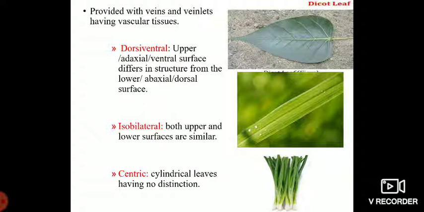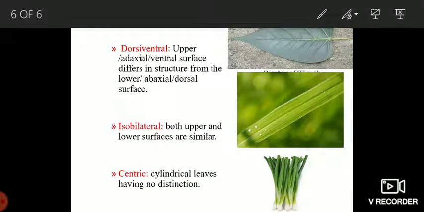Okay, the upper surface of a leaf, or the surface which faces towards the stem, that is also known as adaxial surface or ventral surface, okay. And the surface which faces away from the stem, that is also known as abaxial surface or dorsal surface, okay.